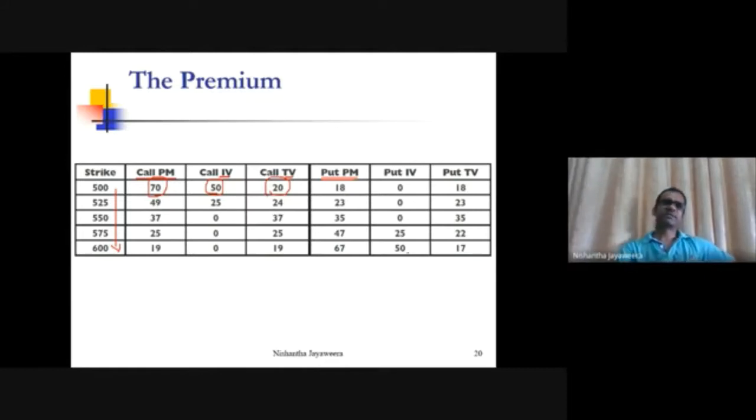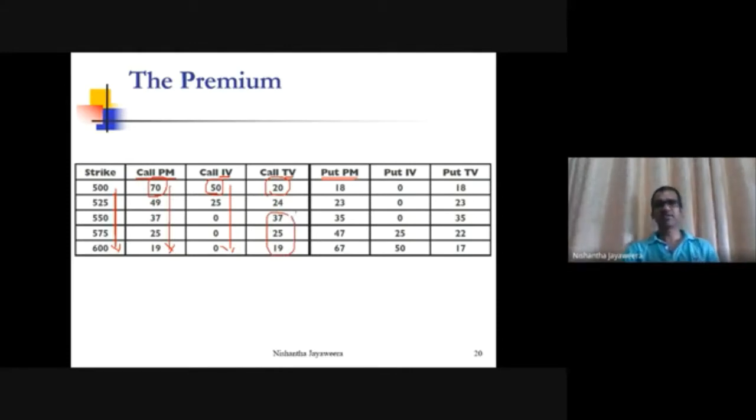So what happens when the strike price increases, premium decreases for all options, and you can see intrinsic value also decreases because market price remains below these strike prices. So therefore no intrinsic value, but still there can be a time value.